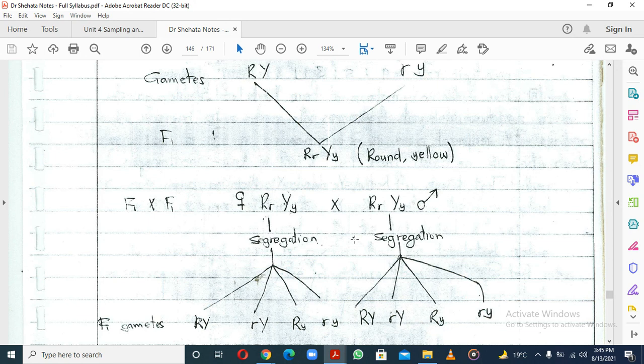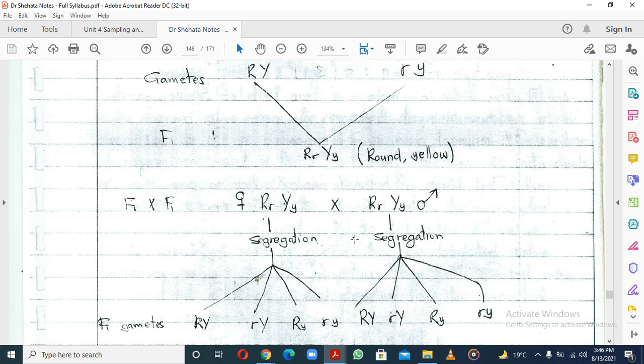Then for the recessive lowercase r, for the wrinkled shape, you say this lowercase r can go with a capital Y, meaning this is a gamete with a recessive allele for wrinkled and a dominant allele for yellow seed color. Then again, we can have recessive r for wrinkled and recessive y for green. So those are the four gametes that you're going to have.